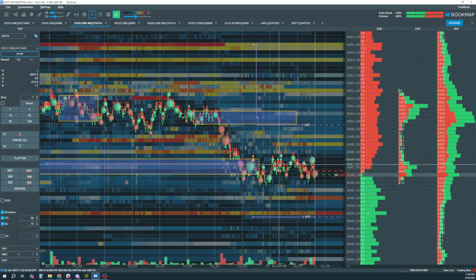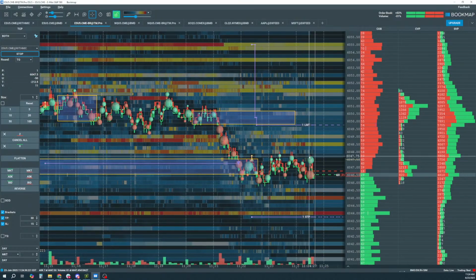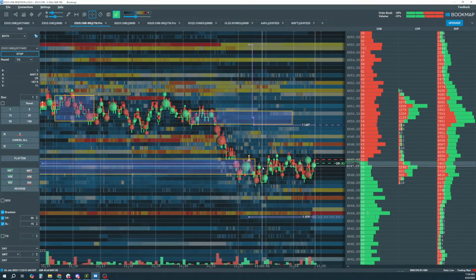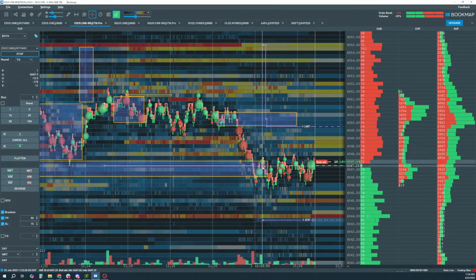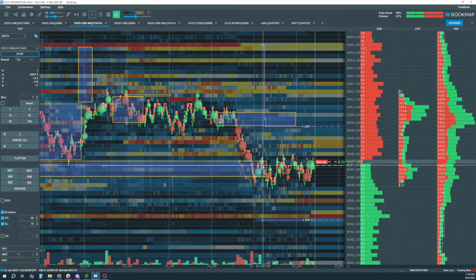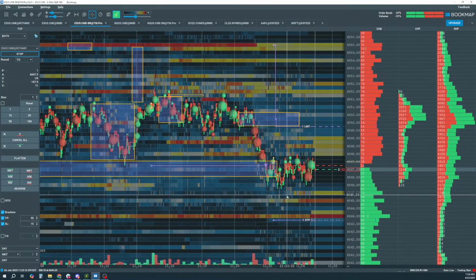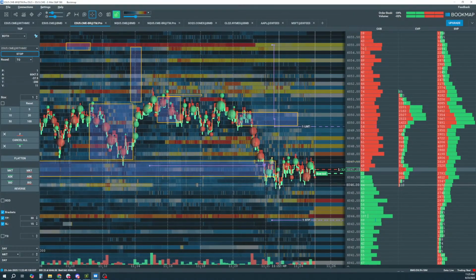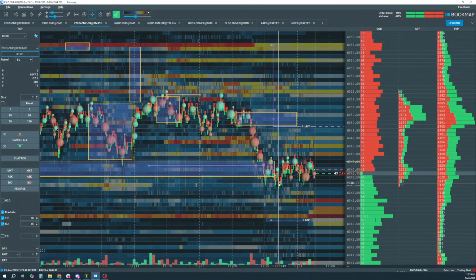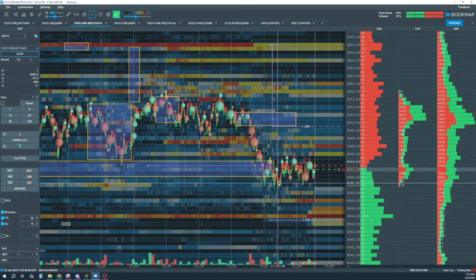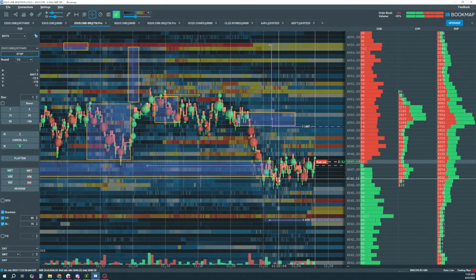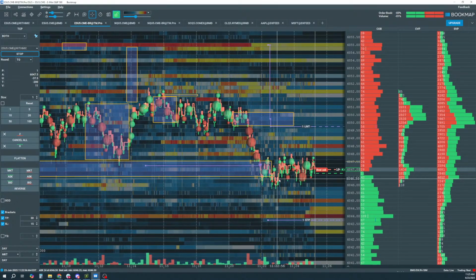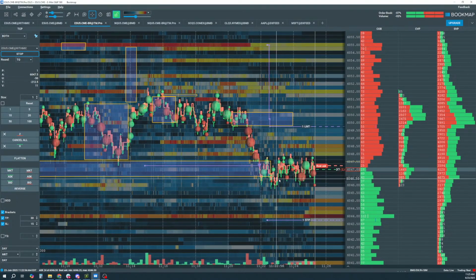Kind of battling here back and forth, buyers and sellers. Just not finding enough buyers yet, that's for sure.